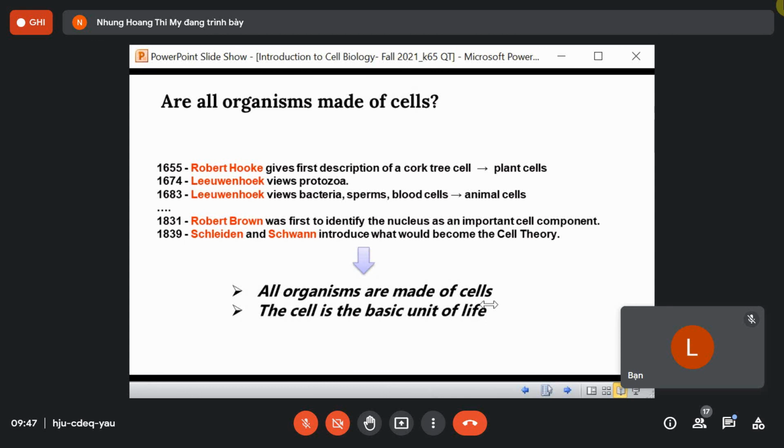So that is the first statement of the cell theory. The second one came after, and they stated that the cell is the basic unit of life. So those are the two statements of the cell theory at that time.